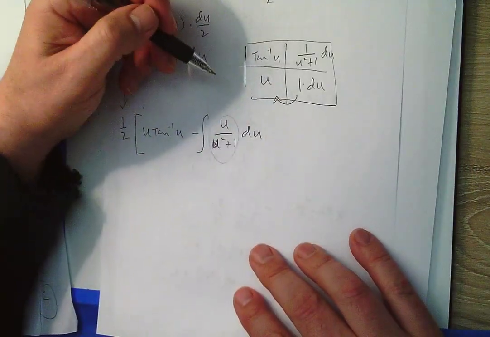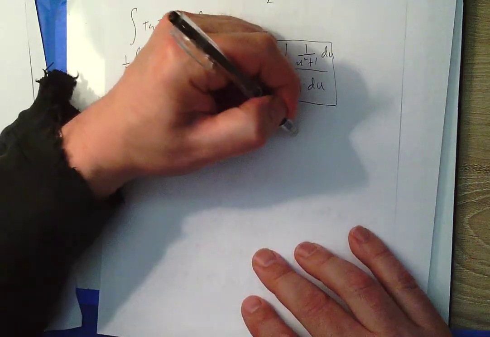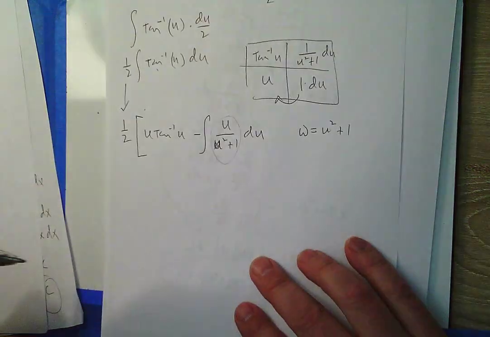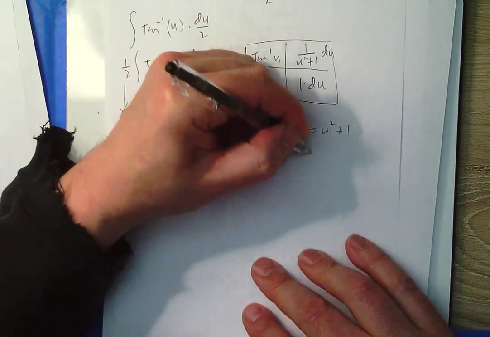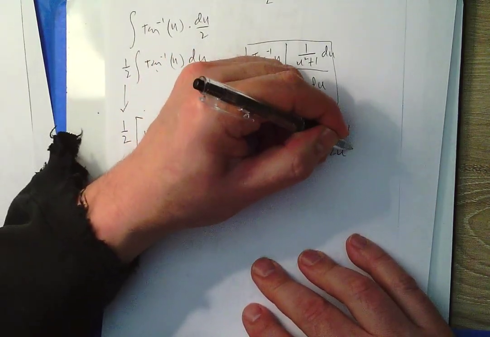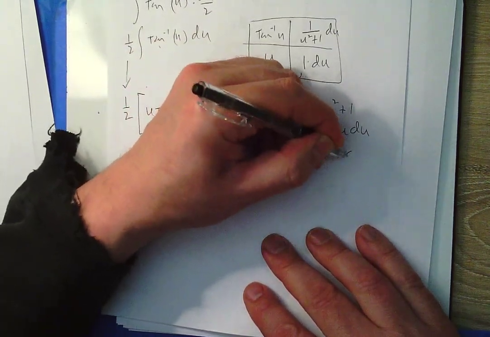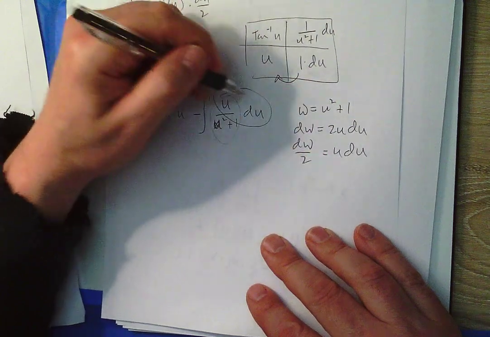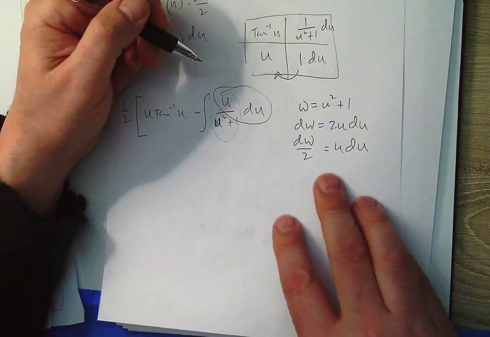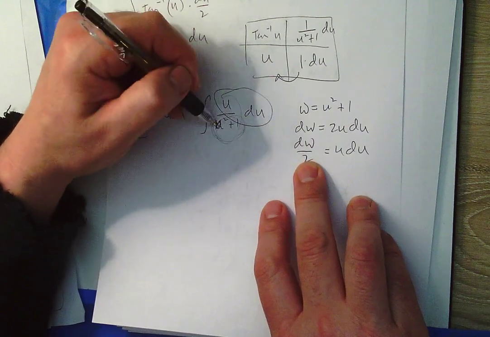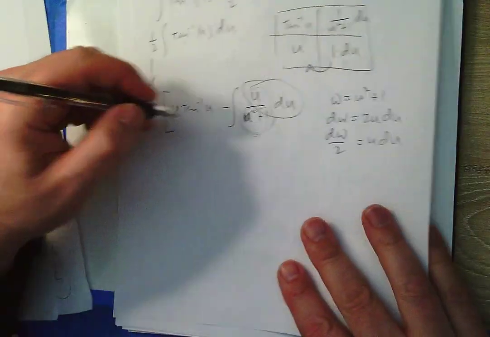Now I need to do not a u sub, but a double u sub. U squared plus 1 is w. dw equals 2u du. dw over 2 equals u du. So I can replace my u du with dw over 2, and I can replace u squared plus 1 with w.